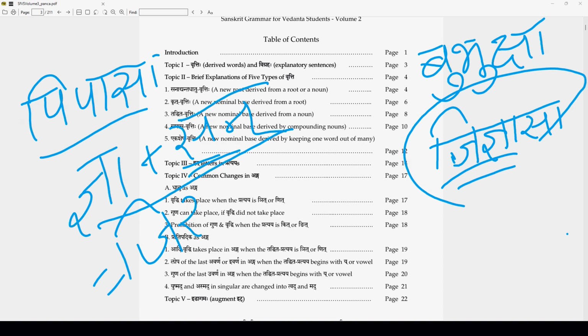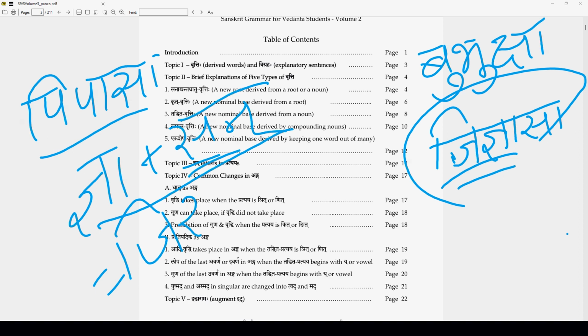Means he is thirsty, right? Pipasati. Similarly, bubhukshati. Bhunkte, not bhokte. Bhunkte means eats. So to that bhuj dhatu, if you add sun pratyaya, then it becomes bubhukshati.